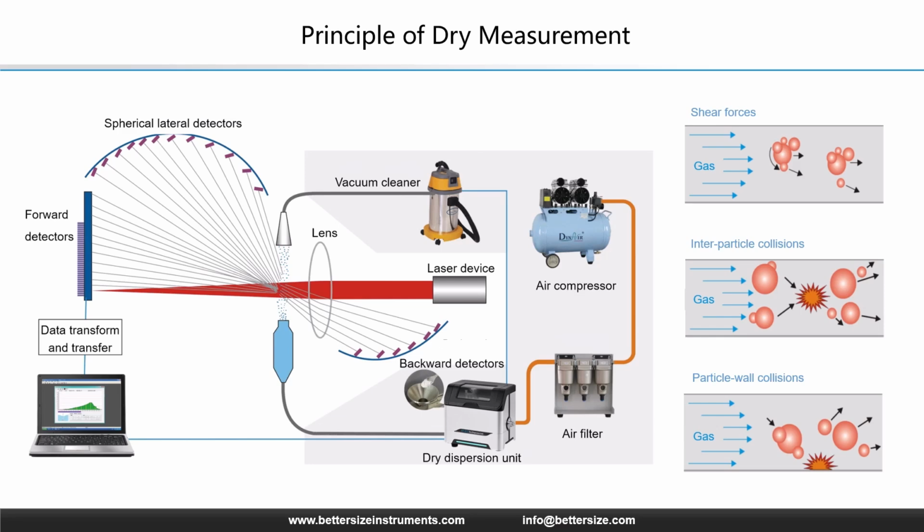A stable dry measurement requires a balanced pneumatic circuit. The air compressor drives the sample through the venturi nozzle using compressed air or inert gas, while the vacuum cleaner on the other side creates negative pressure to maintain a steady flow and collect waste, preventing laboratory contamination. This pressure differential triggers the three dispersion mechanisms shown on the right.